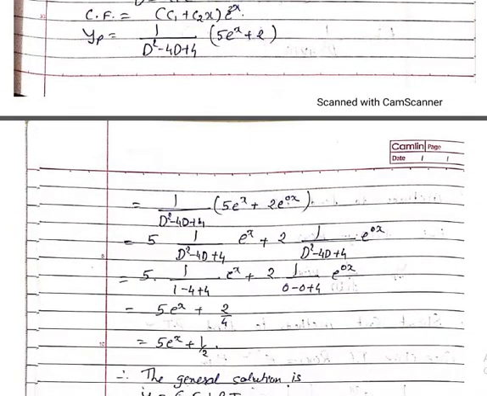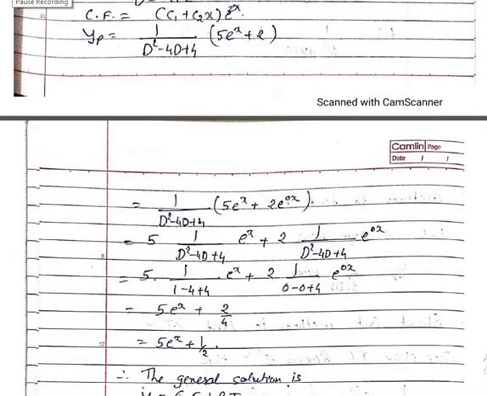Now separating two terms, that will give you 1 upon D square minus 4D plus 4 for the first, and then the case of 2. Now 2 has no power of e, so we are going to write it in the form of e raised to 0x.